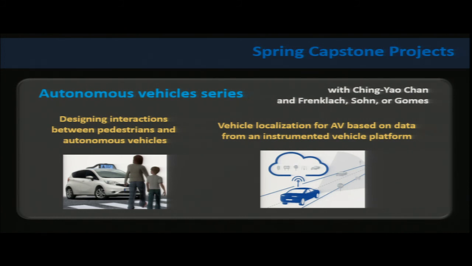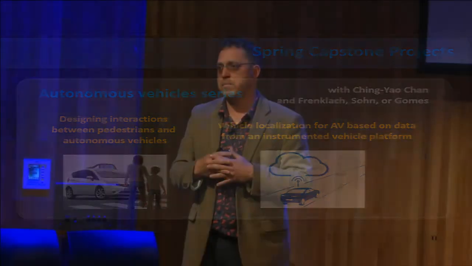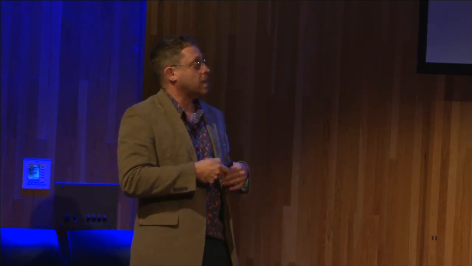What we want to do is have a vision-based system where you can identify certain markers on the road whose position is known, so that you can increase the precision of the GPS. This is a very important thing that is needed for autonomous vehicles, and we'll use the equipped vehicle that we have in Richmond for this project.